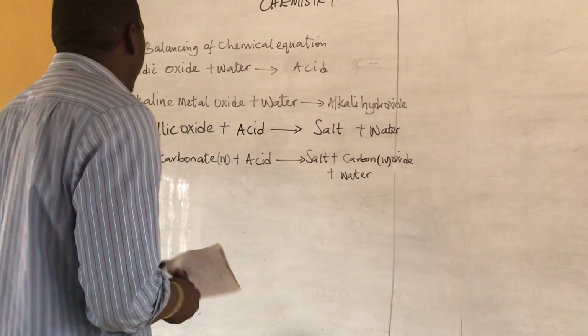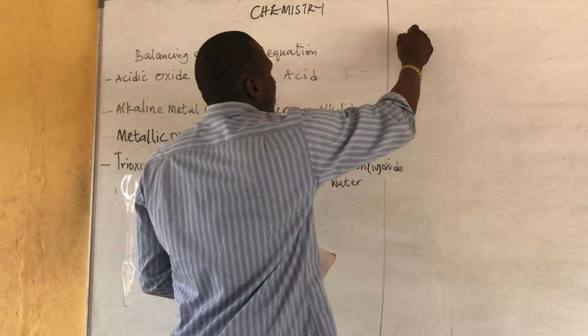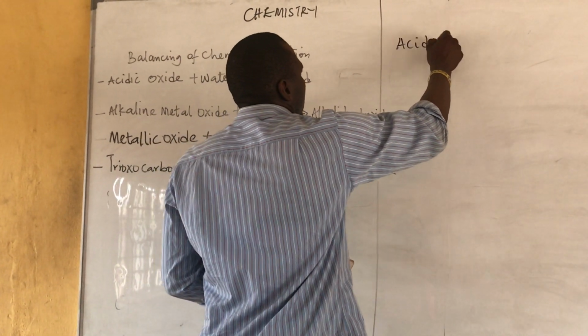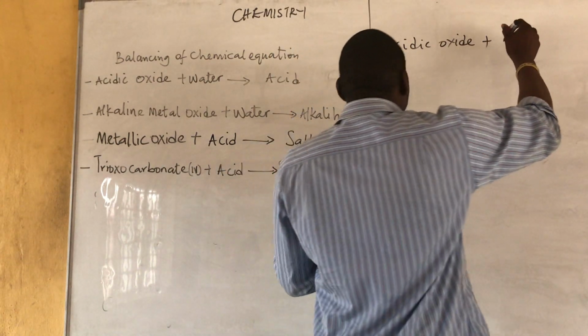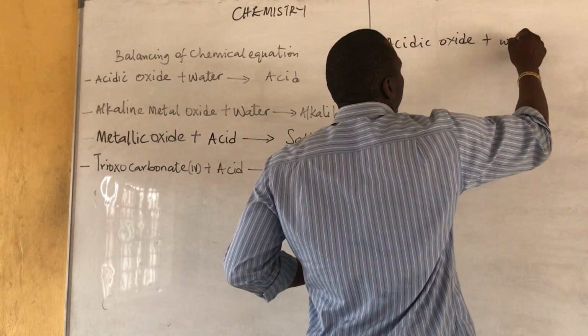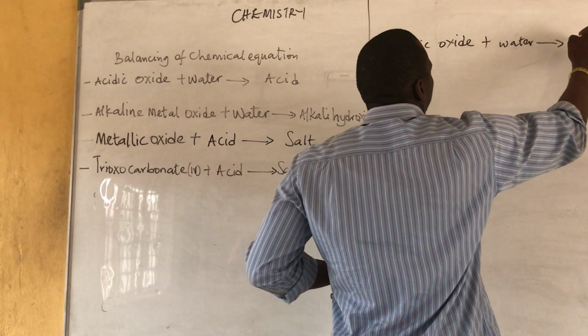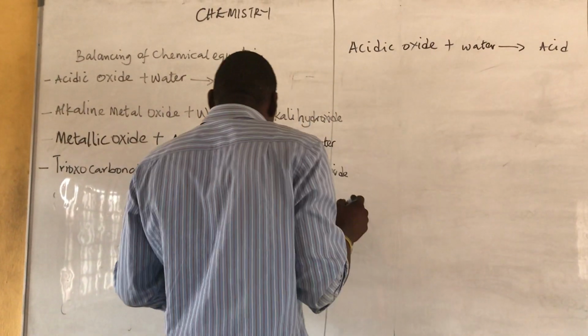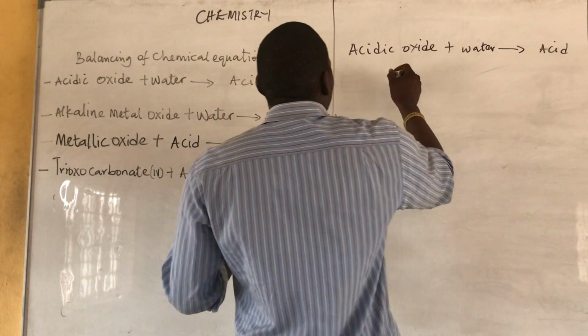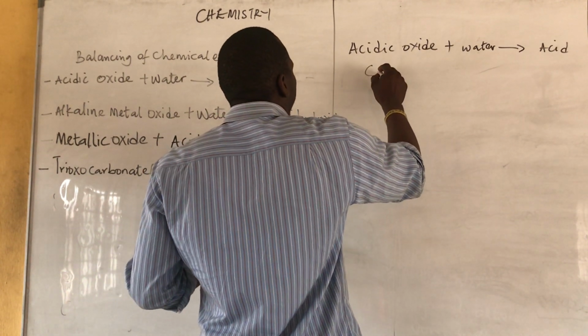Let's quickly see an example. Acid oxide plus water to give us an acid. Example, let's see carbon 4 oxide.